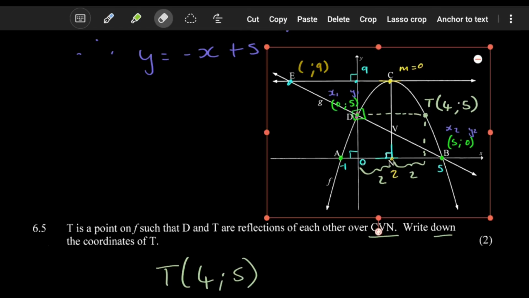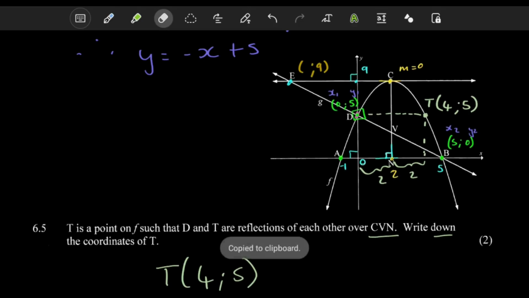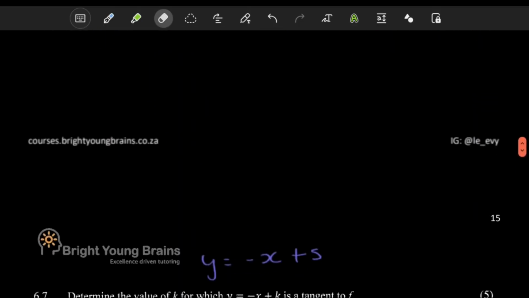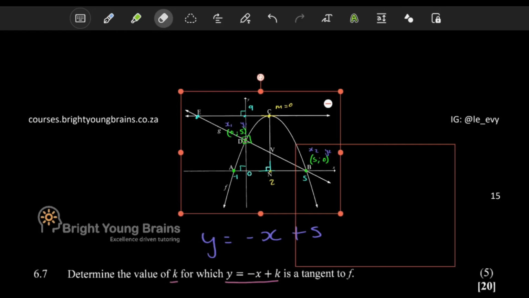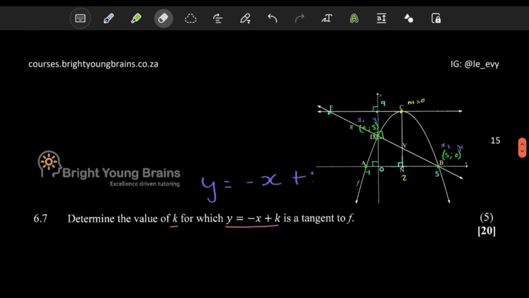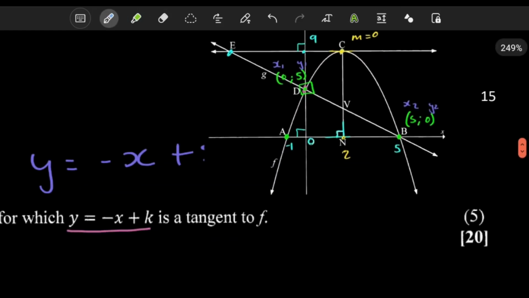Now, let me just put it here so that I can explain a bit better. Our straight line graph, let me even draw it here. This straight line graph looks like this.